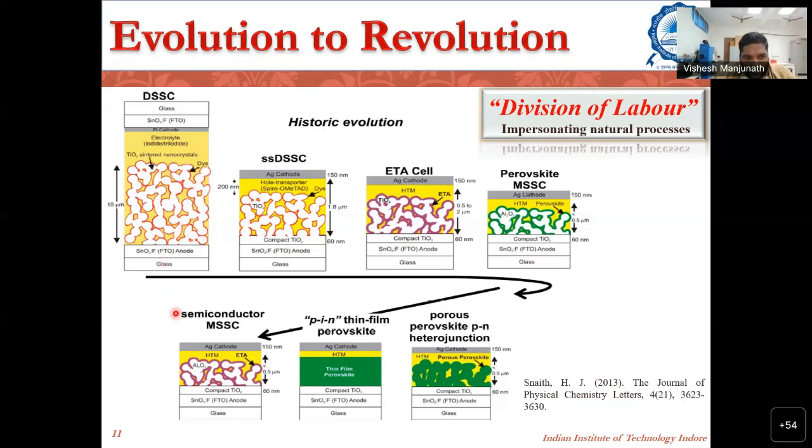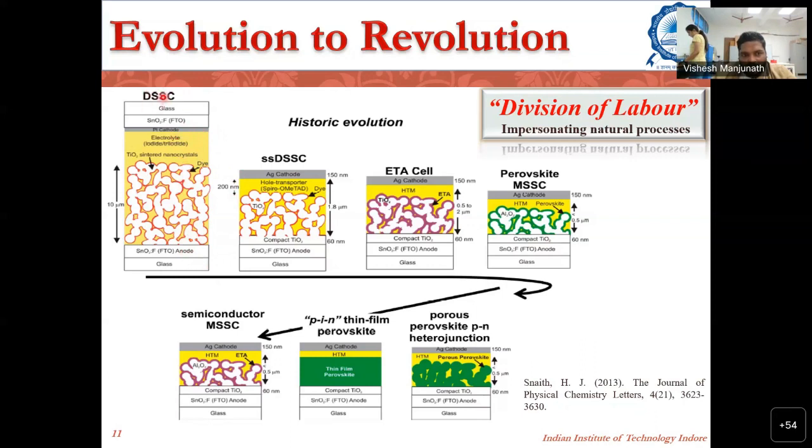So when the light enters the dye-sensitized solar cell, the dye's part is to create the electron hole pair. The TiO2 will dissociate the generated electron hole pair, and the electron will move towards the FTO. In the meantime, to avoid recombination, the electrolyte will regenerate the dye, and then the circuit will be completed with the platinum cathode.